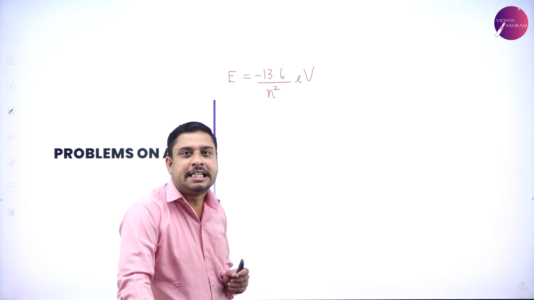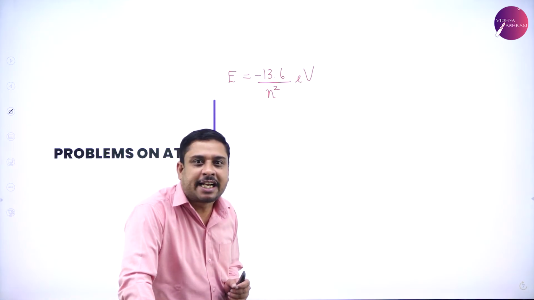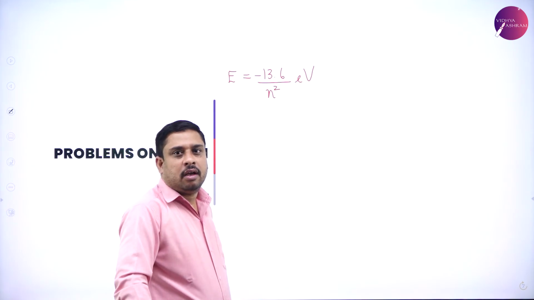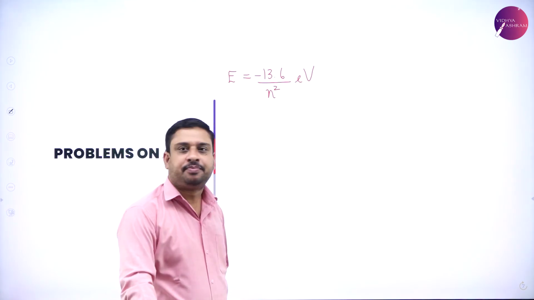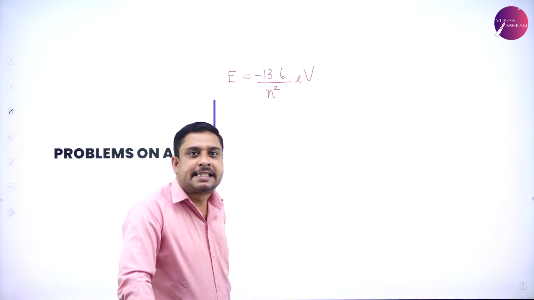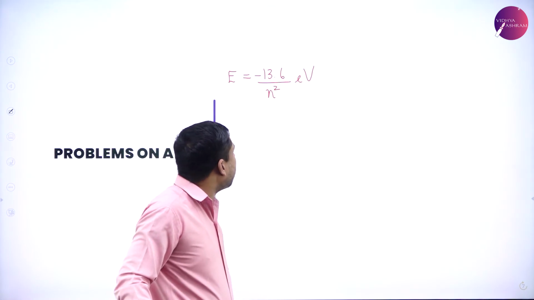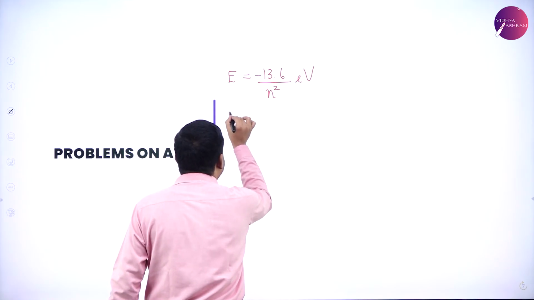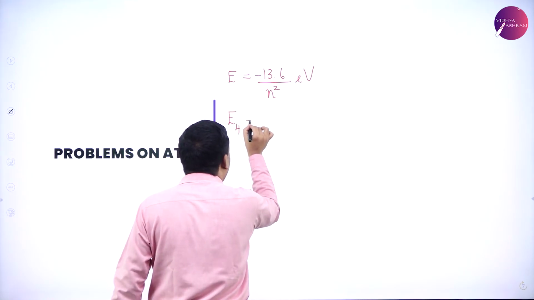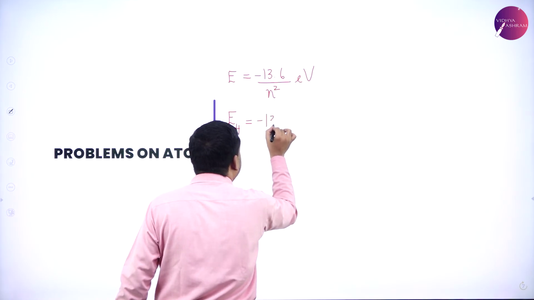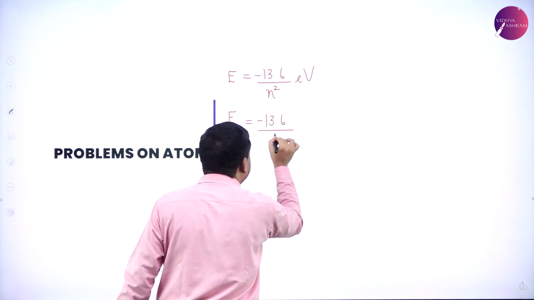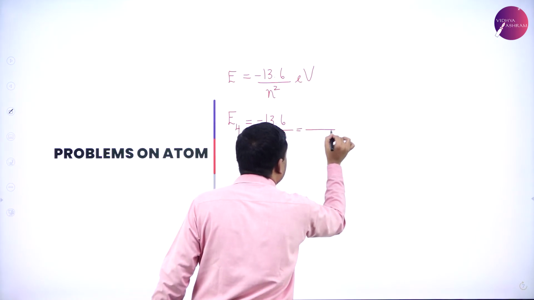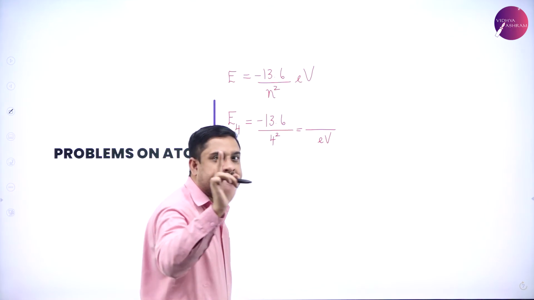We have studied in the theory energy of the electron in the nth orbit of hydrogen atom is minus 13.6 divided by n square. So here transition is occurring from E4, which is minus 13.6 by 4 square, so many electron volts.